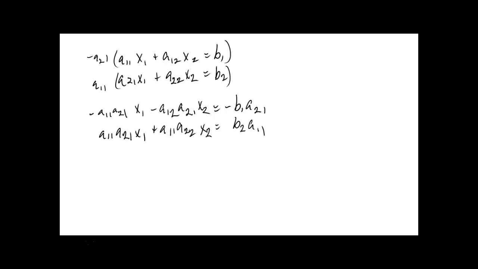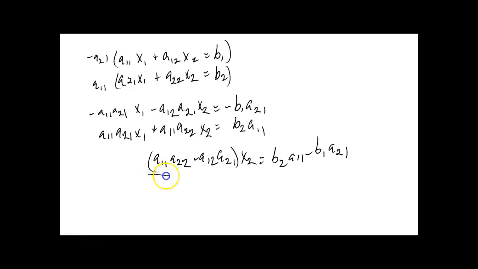And then we have, I'll change the order, A11, A22 minus A12, A21 times X2 is equal to B2 A11 minus B1 A21, right?